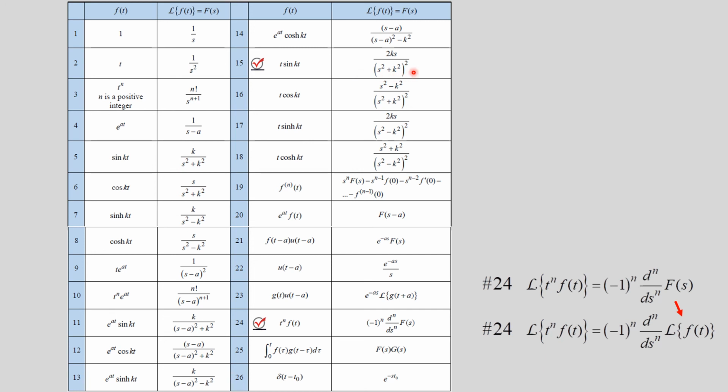Now using the same procedure, we can find the Laplace transform of t cos kt, where we replace n by the number 1 and f of t by cos kt, and using formula number 24, we should be able to get this result, where the Laplace transform of t cos kt is s squared minus k squared divided by s squared plus k squared everything squared. So these are the functions whose Laplace transform we can find using formula number 24.